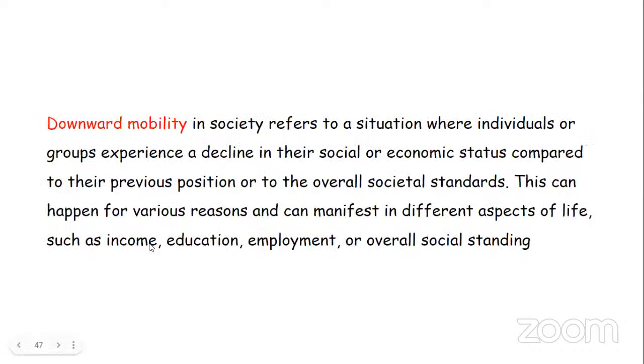So what is downward mobility? Downward mobility in society refers to a situation where individuals or groups experience a decline in their social or economic status compared to their previous position or to the overall societal standards. And this can happen for various reasons and can manifest in different aspects of life, such as income, education, employment, or overall social standing.